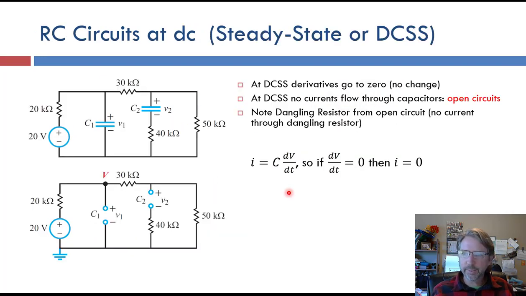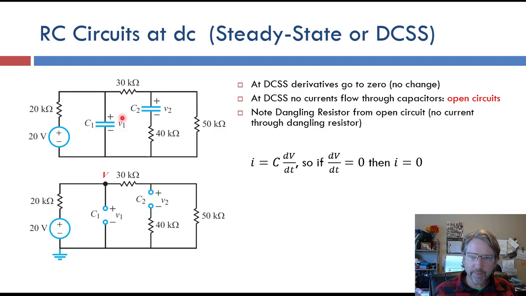Okay, so looking at this, the DC steady state, DC direct current, steady state means a lot of the times you'll hear after a long time. So we apply a voltage to this circuit, and the capacitors charge, and after a long time they're charged and nothing really changes. Everything goes to a flat line, as we'll see when we do the function as a function of time soon.